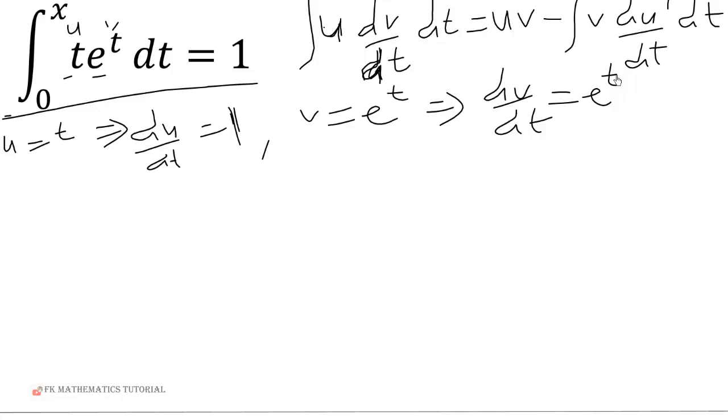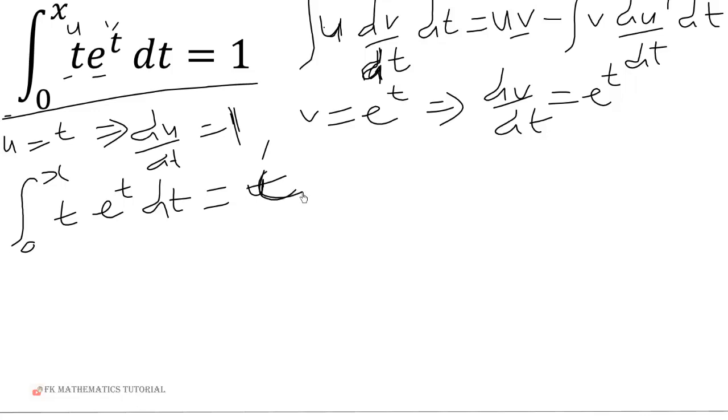So we do the substitution to obtain the integral from 0 to x of u, which is t, and dv/dt, which is e to the t times dt, is equal to u times v, and the u is t.